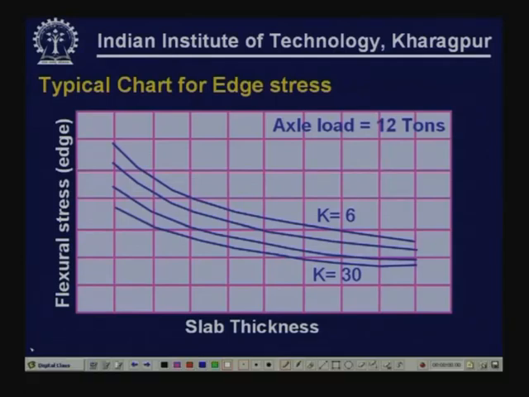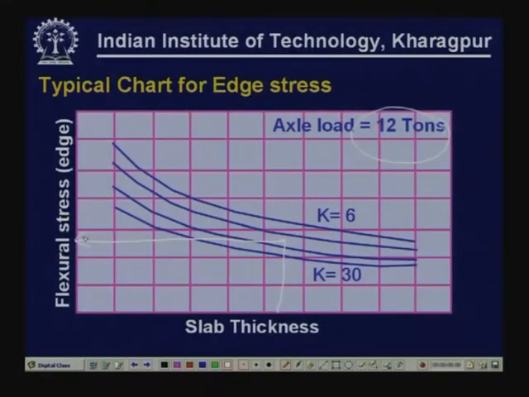For a selected slab thickness and for a selected K value, it can be the combined K value, and for a given axle load, the flexural stress due to this load in the edge region can be obtained directly from the charts. One can of course use the computer program, and for any intermediate load, for any intermediate K value, for any slab thickness, the flexural stress can be computed.